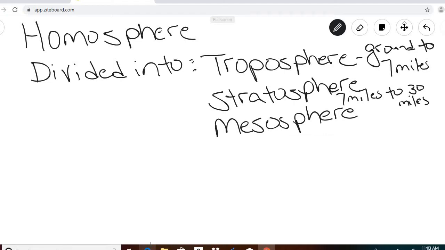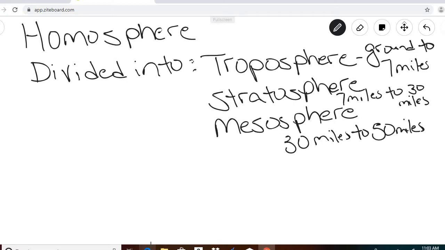And then the mesosphere is from 30 miles to 50 miles above the ground, because above that you would have the heterosphere.